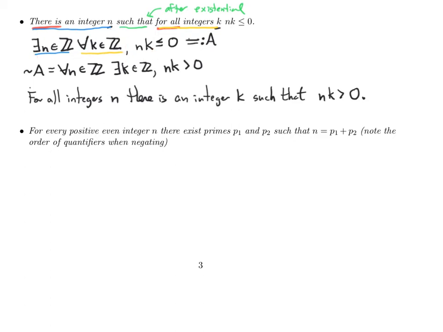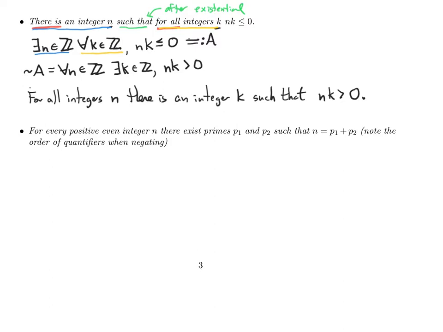If you multiply n times any integer, you get something less than or equal to 0. Or is it true that no matter what n you pick, for all n, you can always find an integer k, there is a k, depending on n, where n times k is greater than 0? Which of these is true?